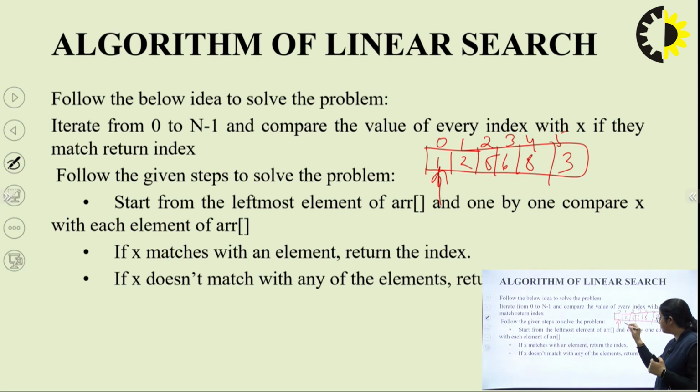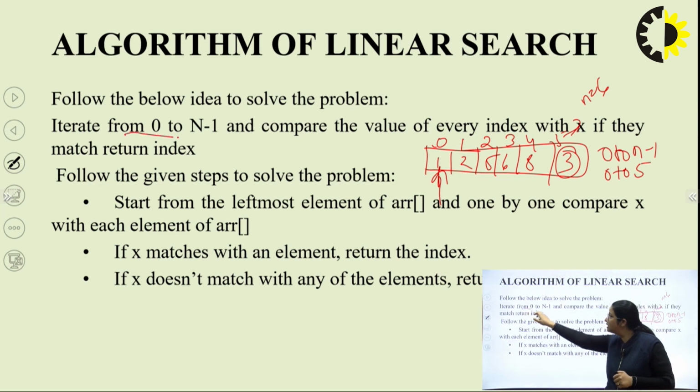So the loop runs from position 0 to position n-1. Suppose n is 6. From where up to where do we have to search? From 0 to 5, because you are all aware of the concept of indexing in arrays, that indexing starts from 0 to n-1. So this is the first point.